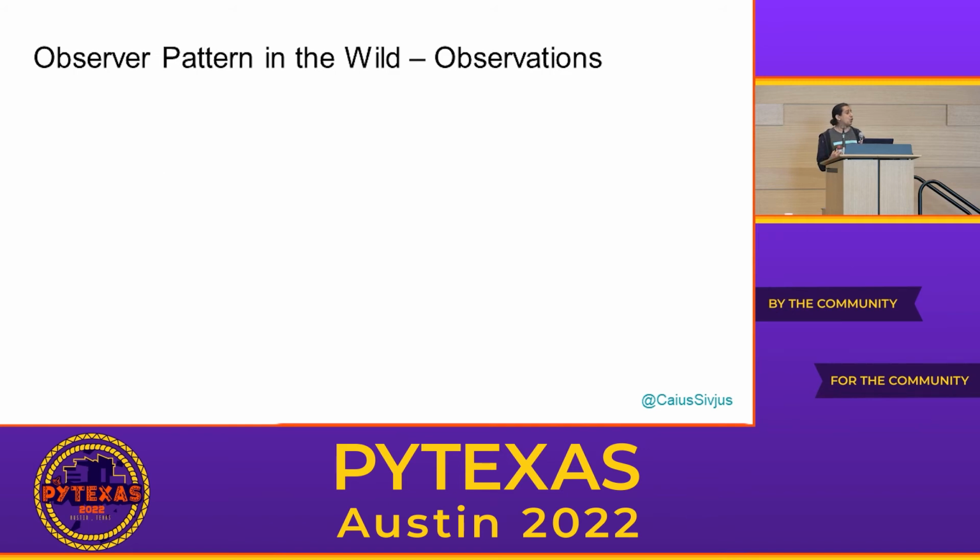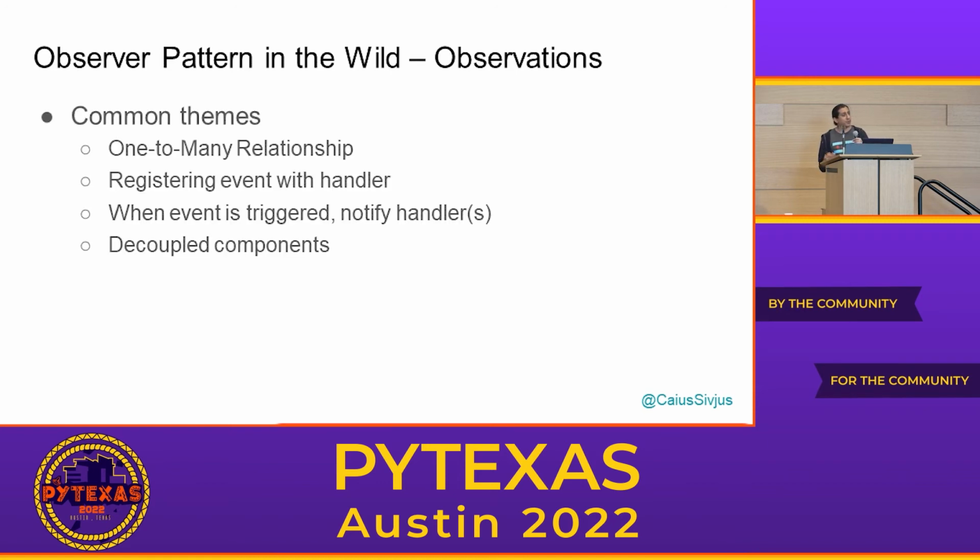And so looking at all of these implementations of the observer pattern, we did notice some common themes. First, there is that one-to-many relationship. And every time we run our code, we're registering events with a specific handler. And then when that event is triggered, we're going to be notifying all of our handlers.